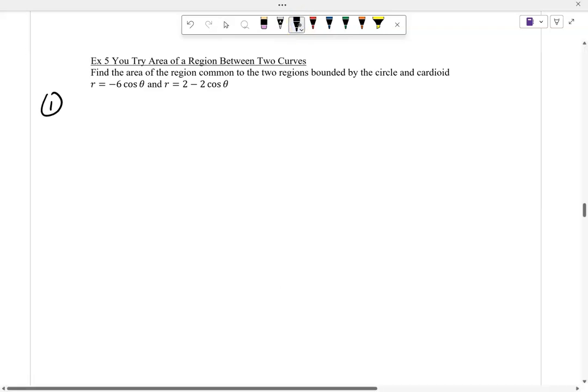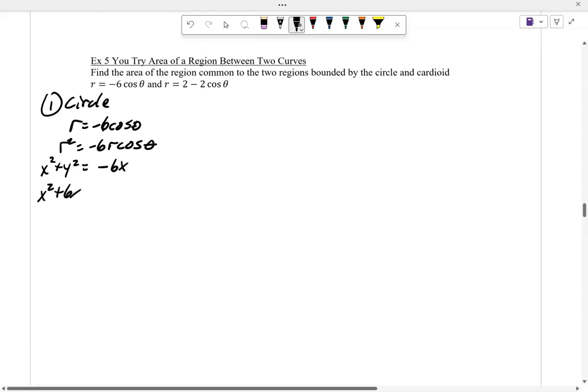All right, we've got a circle again. It tells us this r equals -6 cosine theta. If I multiply both sides by r, I get r squared equals -6 r cosine theta. So x squared plus y squared equals -6x. So x squared plus 6x plus y squared equals 0.